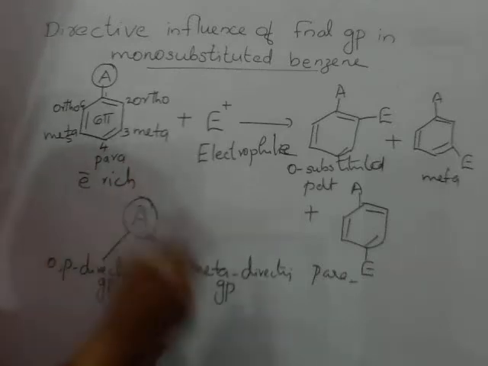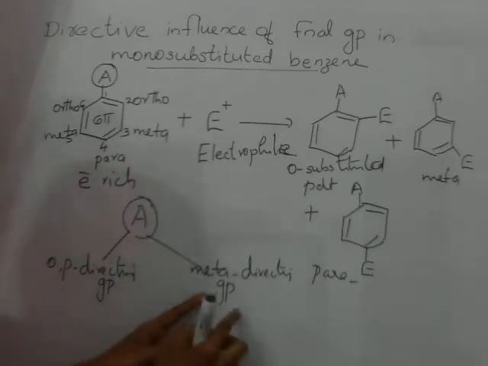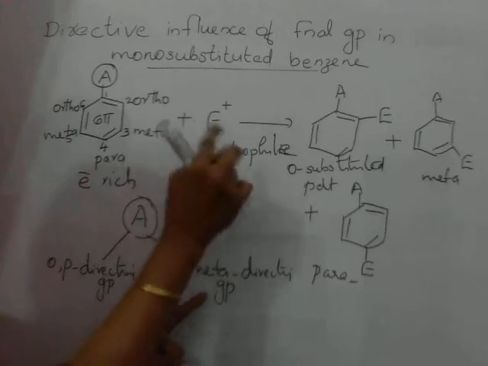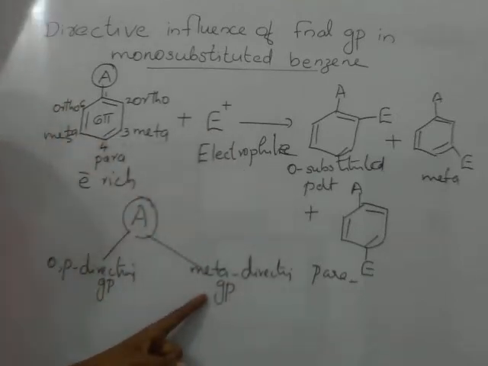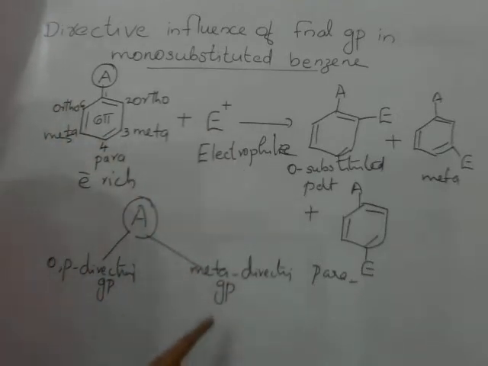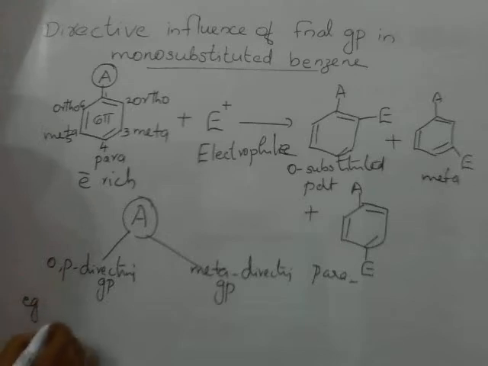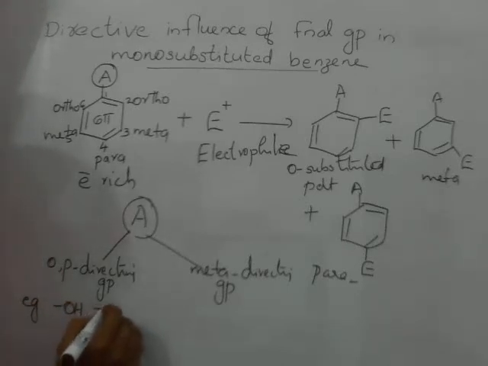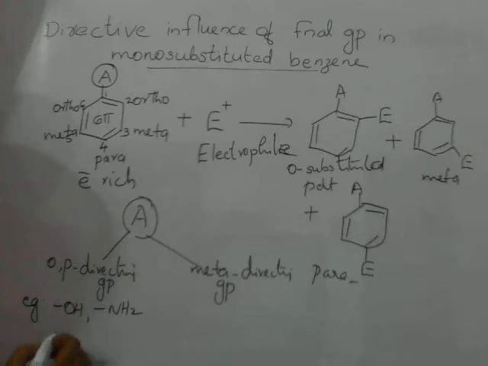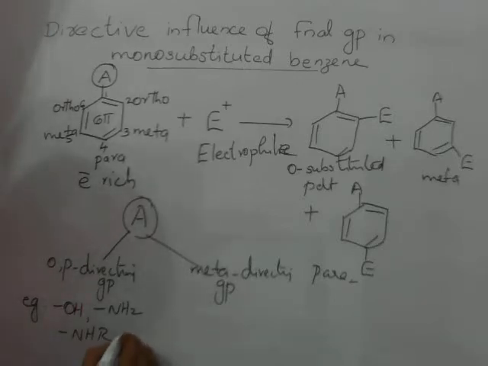But there are some other types of substituents which will direct the incoming electrophile towards the meta position. Such groups are called meta-directing groups. Examples can also be given. Examples of ortho-para directing groups are OH group, amino group, NHR, secondary amino group, then OCH3, alkyl groups, CH3, C2H5.